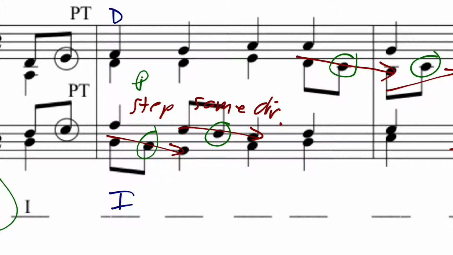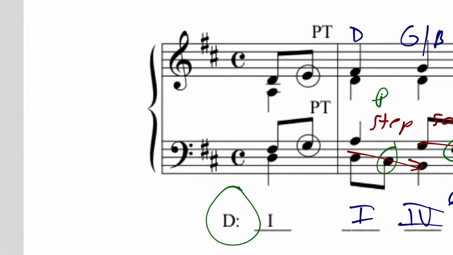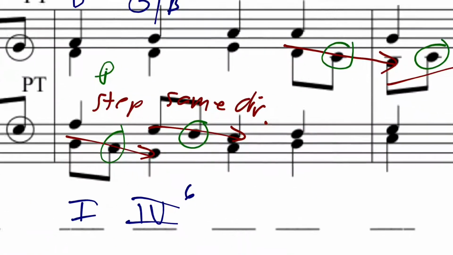So this next chord here, we have B, G, D, and G. If we rearrange that, it's a G chord. But it's got a B in the bottom, G/B. In the key of D, that's a IV chord in first inversion. Let's look at the next chord there, and we got C, but since we're in the key of D, we got a C sharp as well, right?